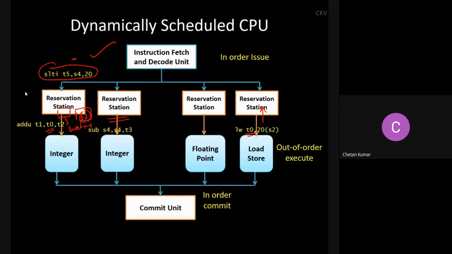So what kind of hazard can we call this? I'm not able to schedule this instruction, so this is a kind of hazard. In every clock cycle, I want to schedule a new instruction, which is not possible here. So in what category can I put it?